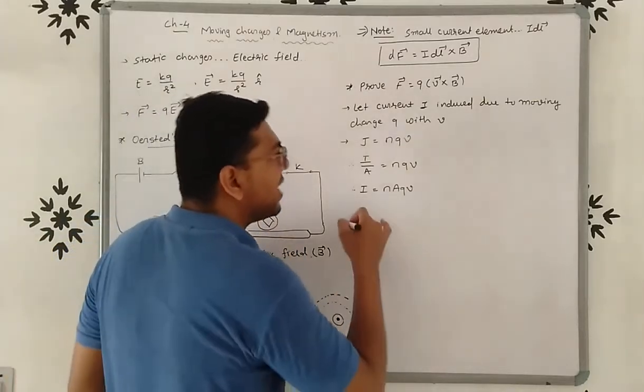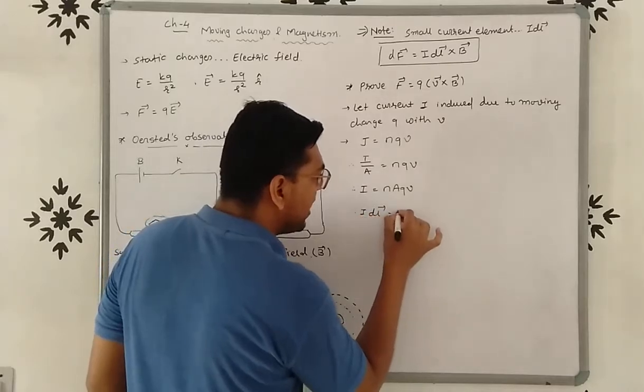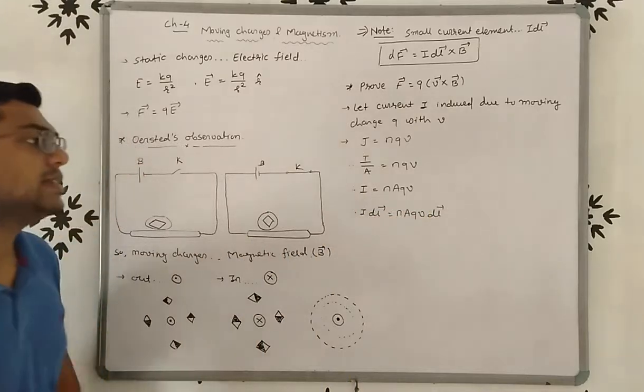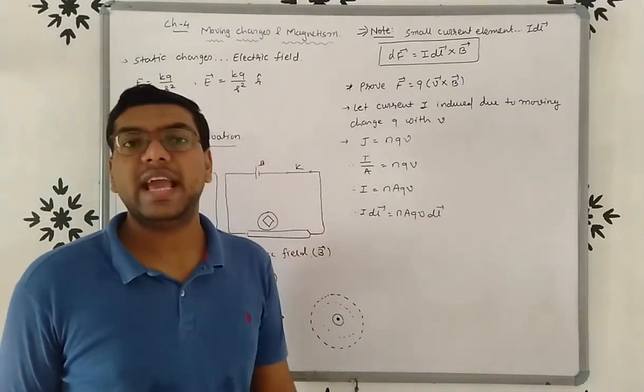So multiplying by DL, we get IDL is equal to NAQV DL. Right.